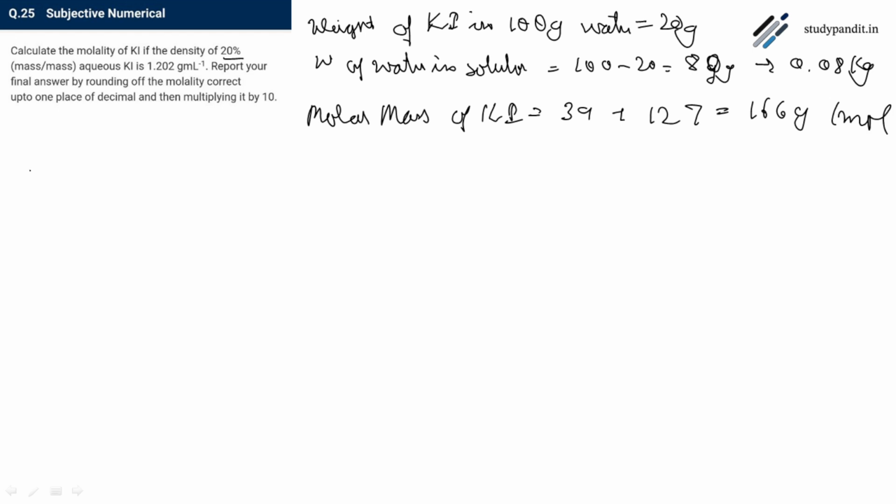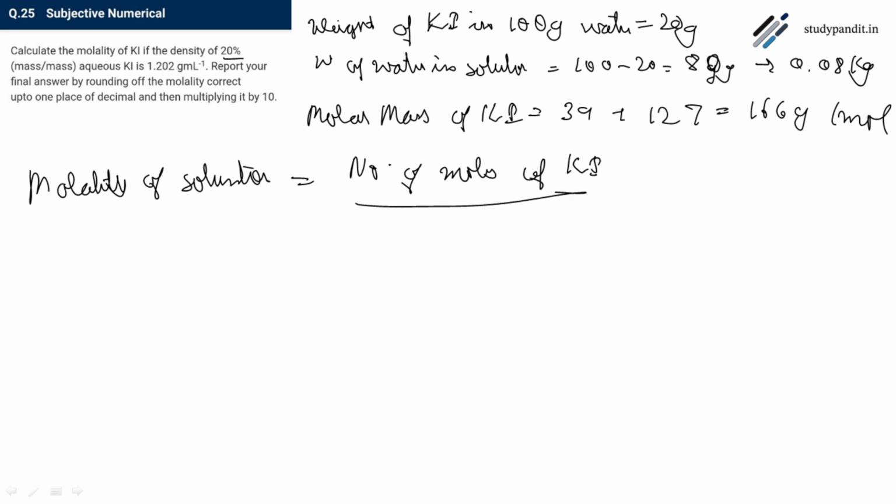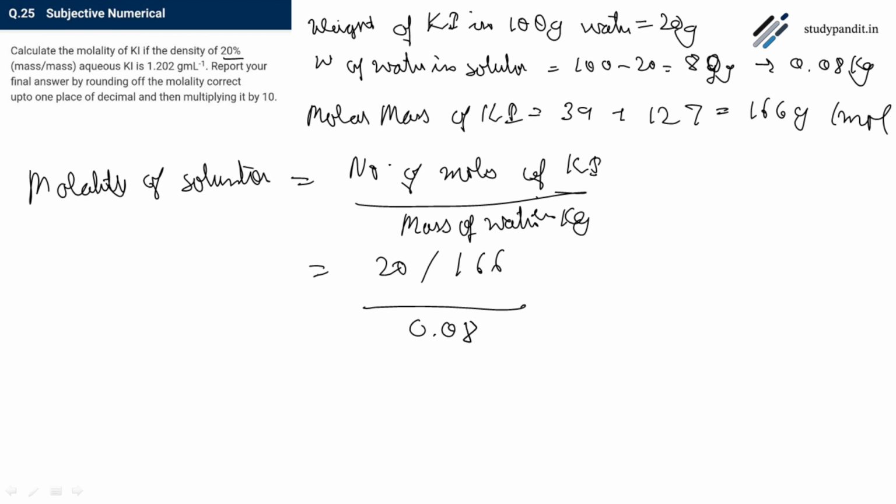Now, molality of solution is given by number of moles of KI upon mass of water in kilograms. So the number of moles is 20 divided by the molar mass of KI, that is 166, divided by the mass of water in kg, 0.08.